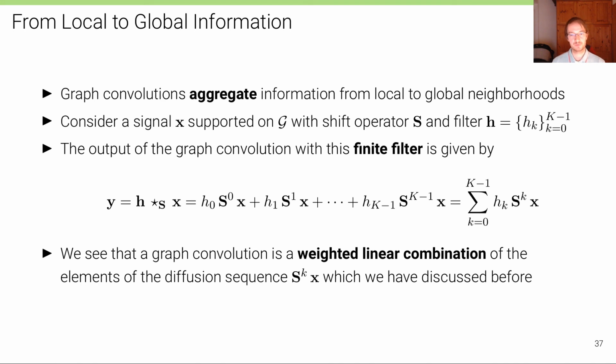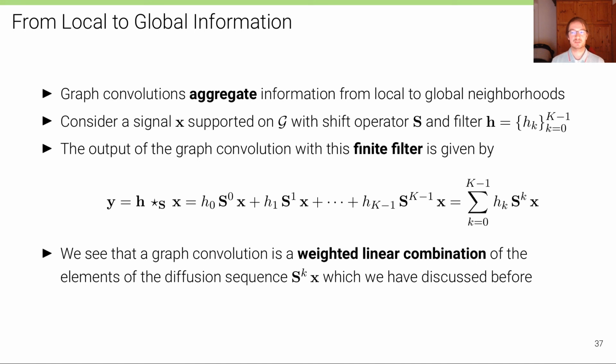Then the output of the graph convolution with this finite filter is y equals h convolved with x, which is h0 s to the power of 0, which is the identity, times x, plus h1 s to the power of 1 x, and so on, up to h k minus 1 s to the power of k minus 1 x. So we see that the graph convolution is actually a weighted linear combination of the elements of this diffusion sequence s^k x, which we have discussed before.